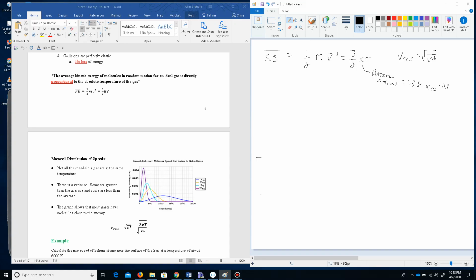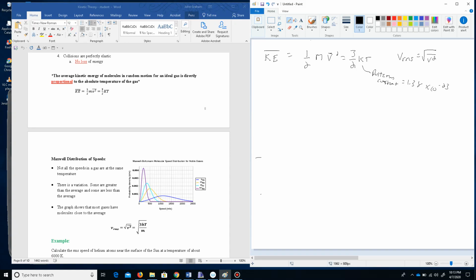And so most particles for this purple one, which is xenon, are at a speed of about 200 meters per second.